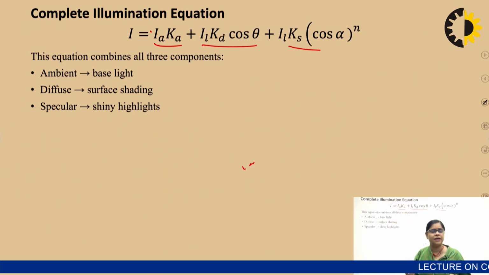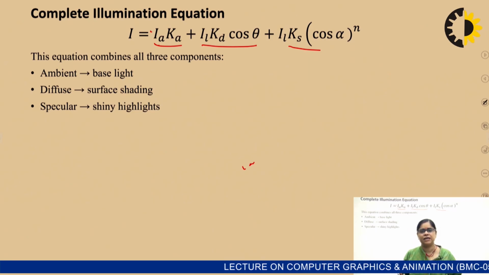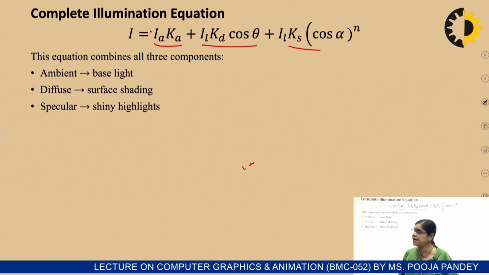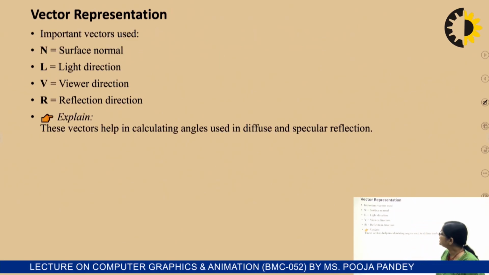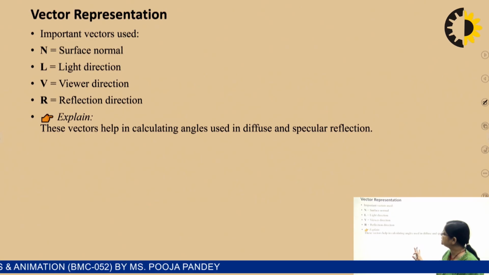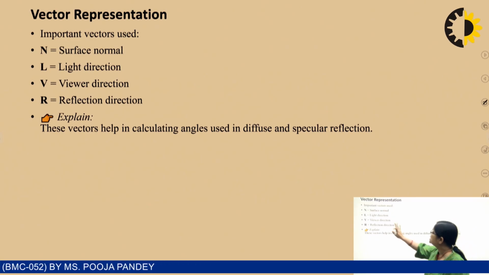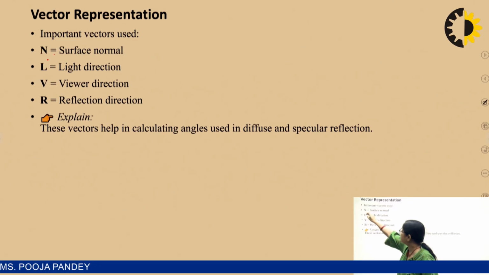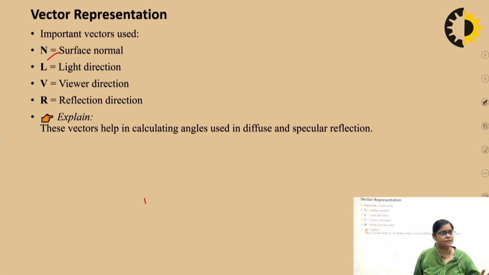And from there, we can find out how we are seeing our picture very clearly when the light is falling on the surface and how it is reflecting, right? Now for the vector representation, the important vector is N, which represents your surface normal.